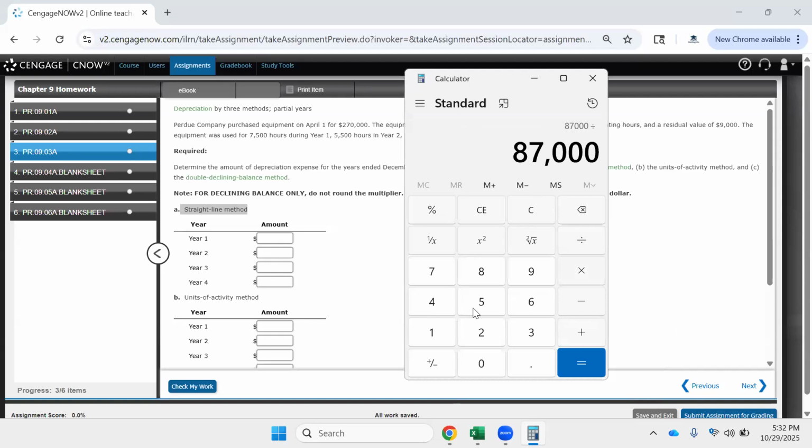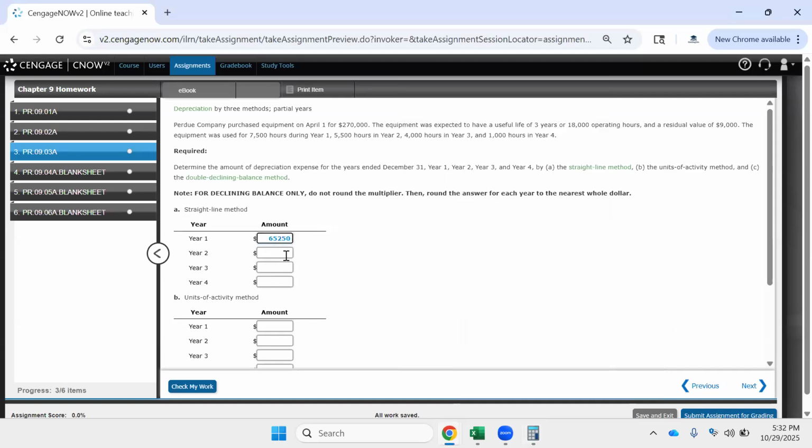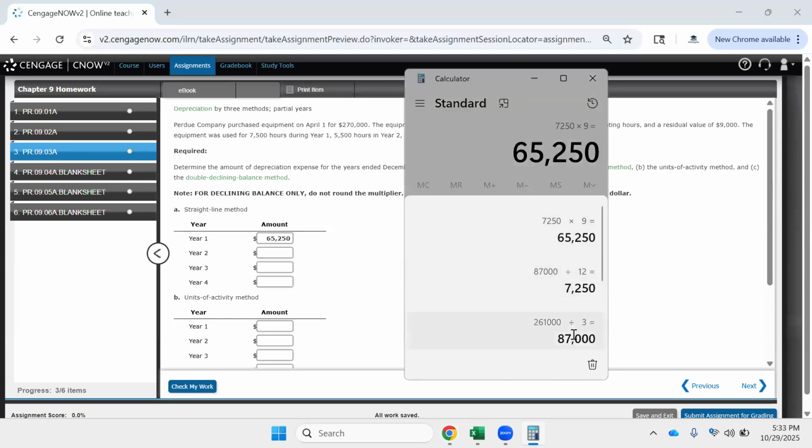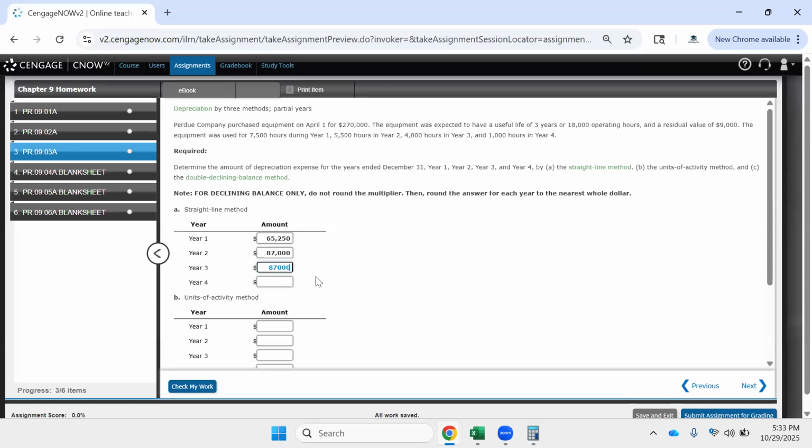And to get our monthly depreciation, we divide by 12, 7,250 per month times 9 months of depreciation in the first year. We get 65,250. In year 2, we'd have the full depreciation amount of 87,000 because that's a full 12 months of depreciation, and also in year 3.